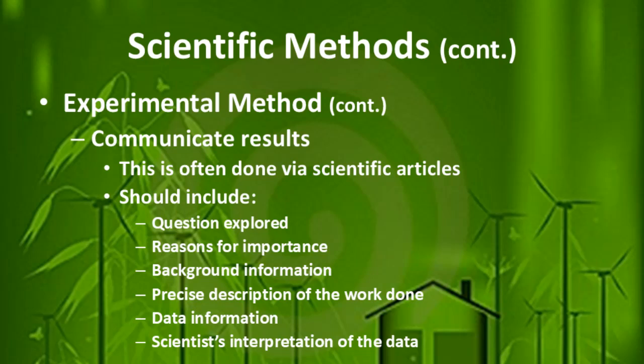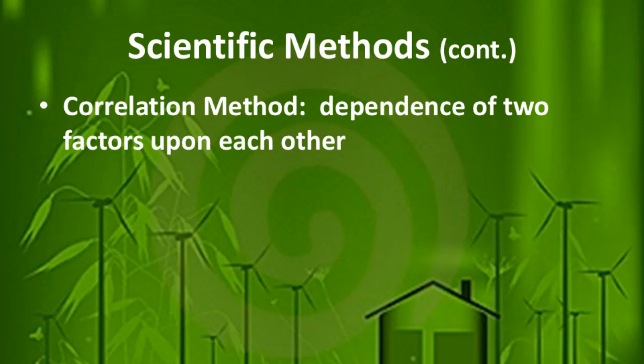Now, here's the problem, one of the main problems with the scientific method. Not everything can be experimented, which brings us to the correlation method. Whenever possible, scientists study questions by using experiments, but many questions cannot be studied experimentally.